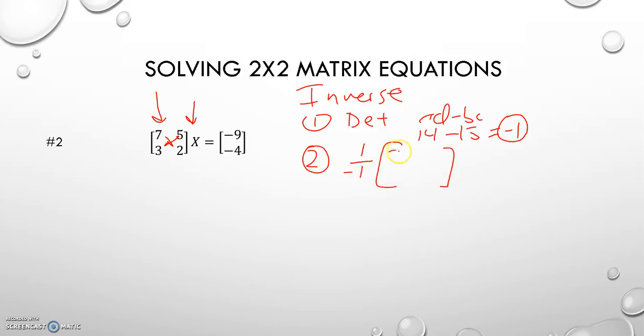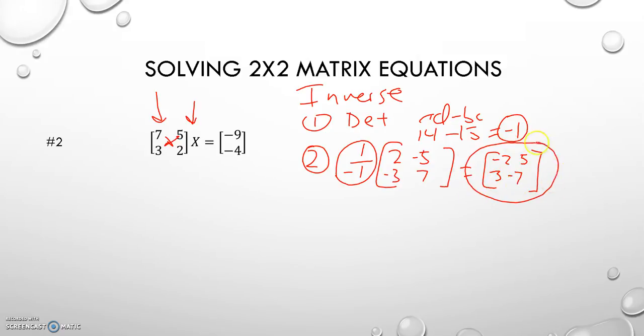And this new matrix is going to be where the 2 and the 7 switch places, the 5 becomes negative, and the 3 becomes negative. So when I take -1 times this matrix, I will get -1 times 2 is -2, -1 times -5 is +5, -1 times -3 is 3, and -1 times 7 is -7, and this is my inverse.